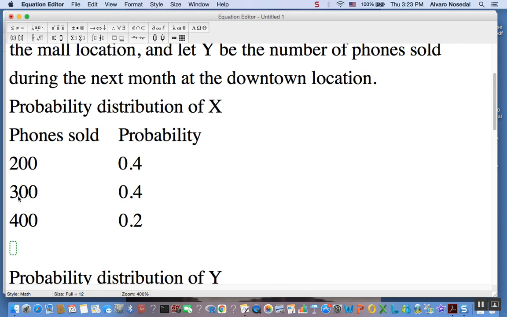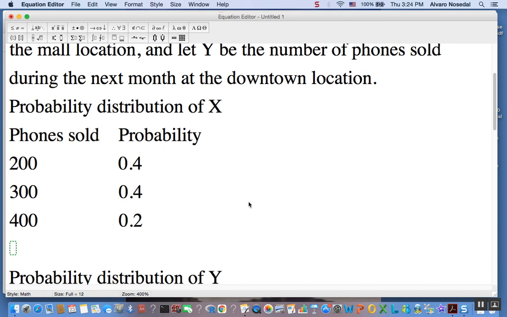You are going to have a profit of 7,500 if you sell 300 phones, and that is going to happen with probability 0.4. Same goes for the last value for the profit. 10,000 happens with probability 0.2.